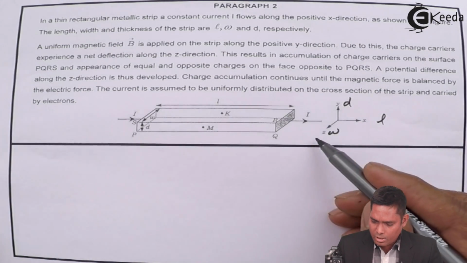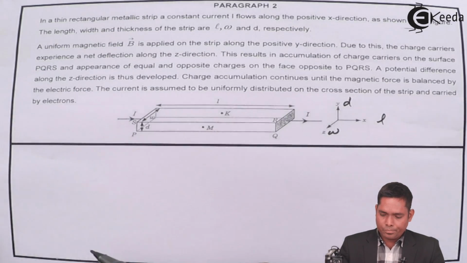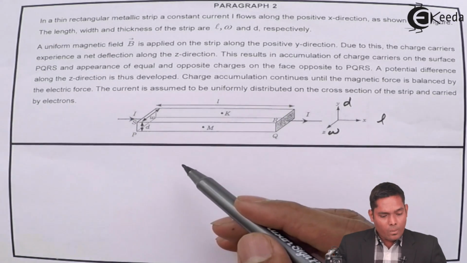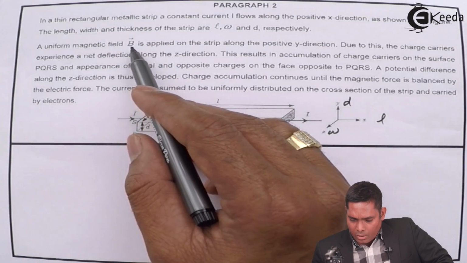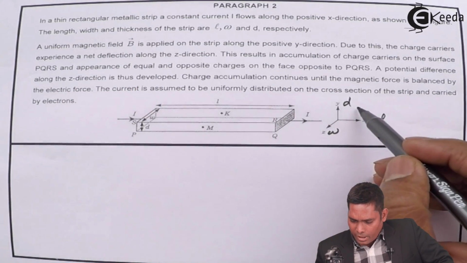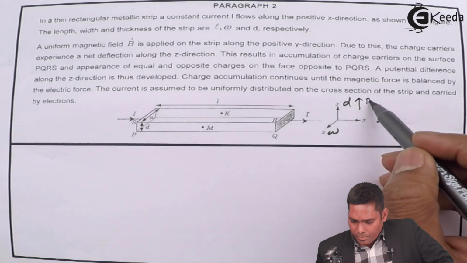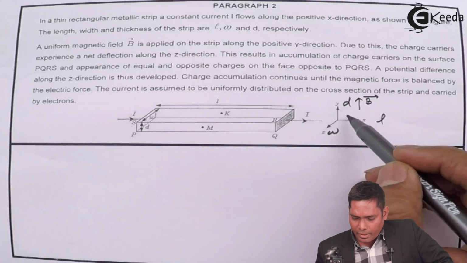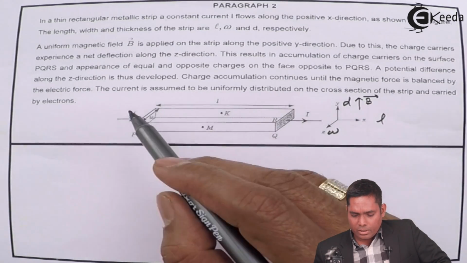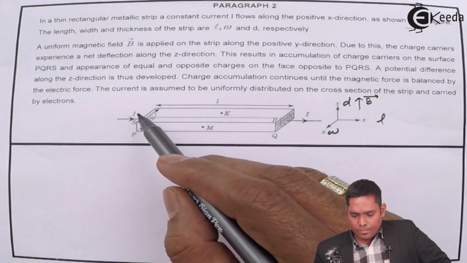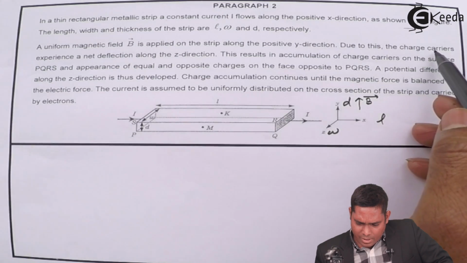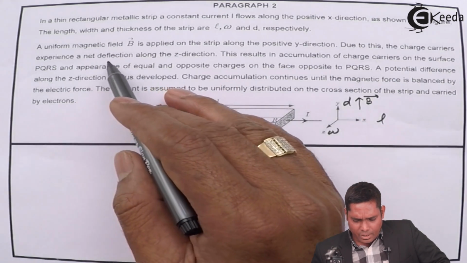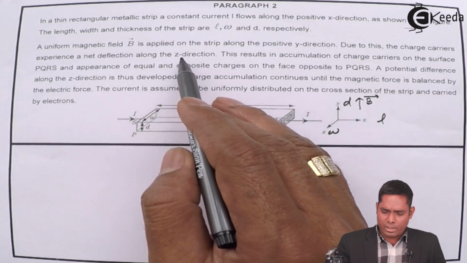Now the magnetic field is along the y direction, that is along the thickness. Due to this, the charge carriers experience a net deflection along the z direction.